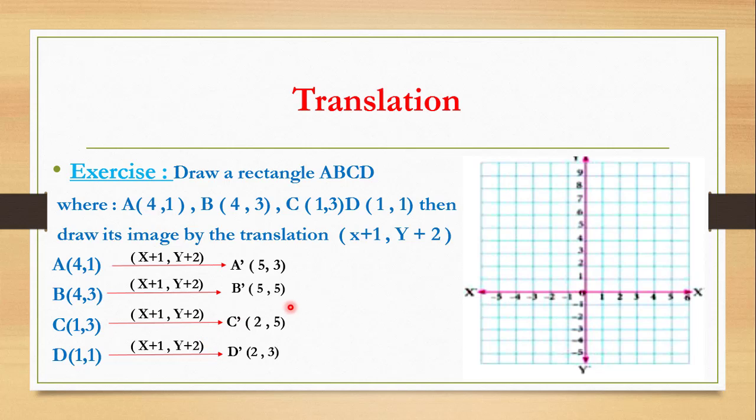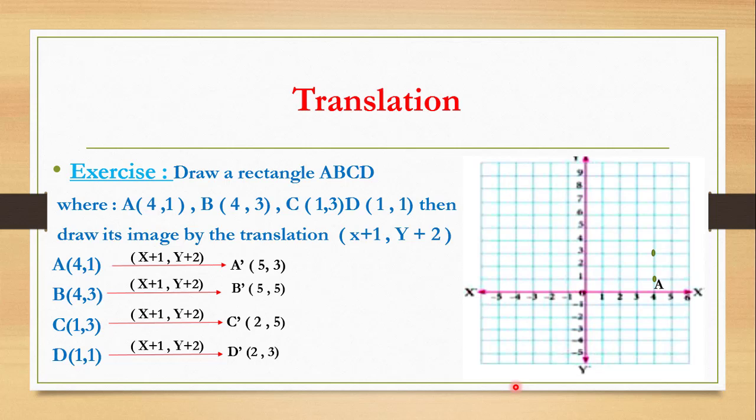Now let's draw. We will start by drawing the original rectangle ABCD. A is (4, 1). This is 4, then go up to 1. So we put this point and name it A. The second one, B (4, 3). This is 4, and go up until we reach 3.